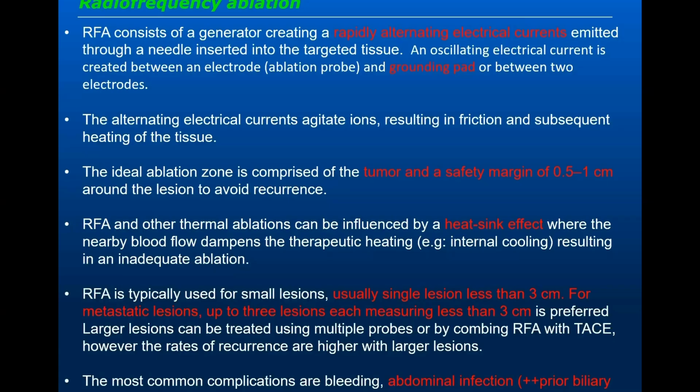Does this mean that we cannot really do anything more than 3 centimeters? The answer is no. You can sometimes combine 2 probes or 3 probes so that you can achieve a bigger ablation zone. Or you can combine radiofrequency ablation with other transarterial modalities like TACE or Y90. Of course, the rates of recurrence will be higher, but this is doable.